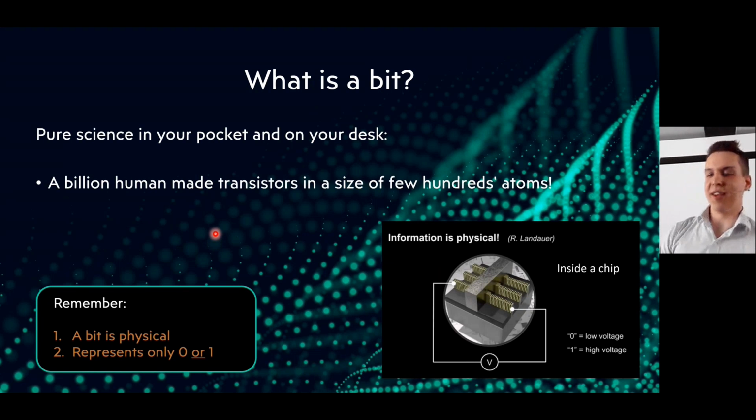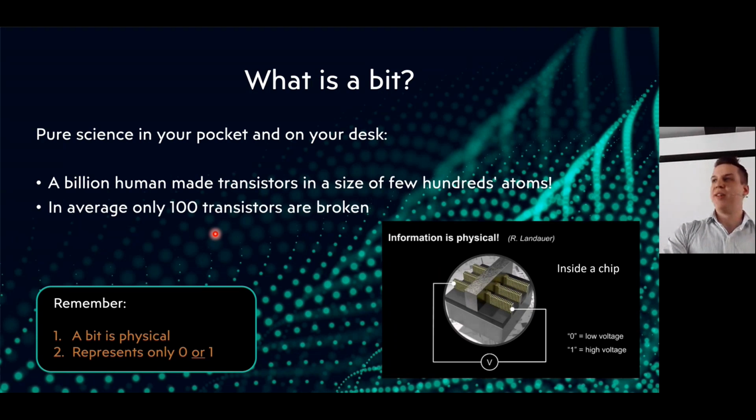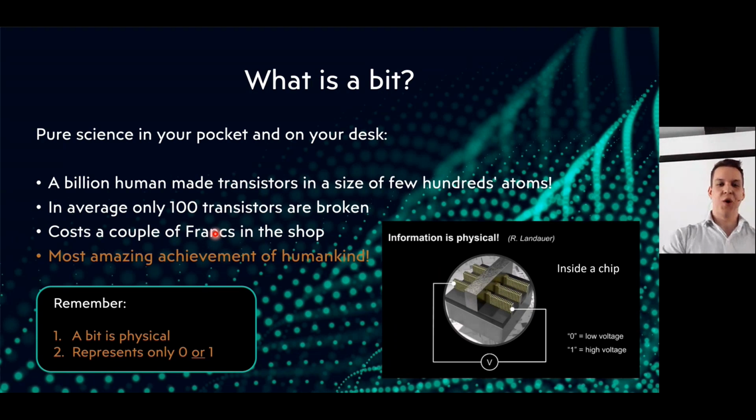And I think we all have a smartphone or a laptop, and you need to understand there are billions of human-made transistors in a really small space, like 100 atoms. This is human-made, and I think this is super, super impressive. Because in 1 billion, or let's say 2 billion transistors, there are only 100 transistors broken from the beginning. So this is really insane. And I call this, to be honest, the most amazing achievement of humankind.